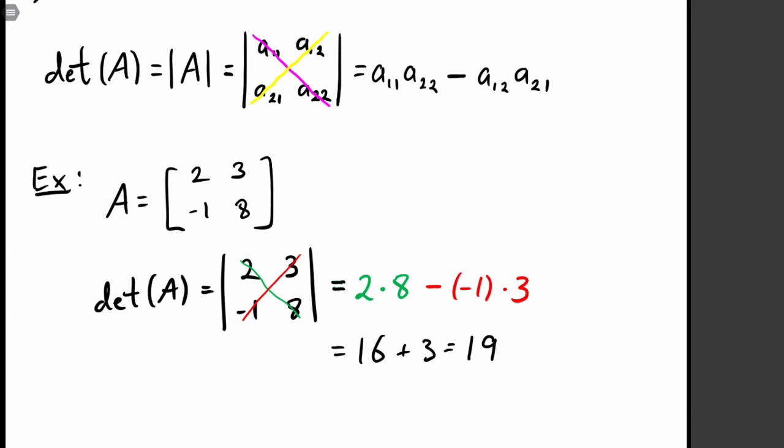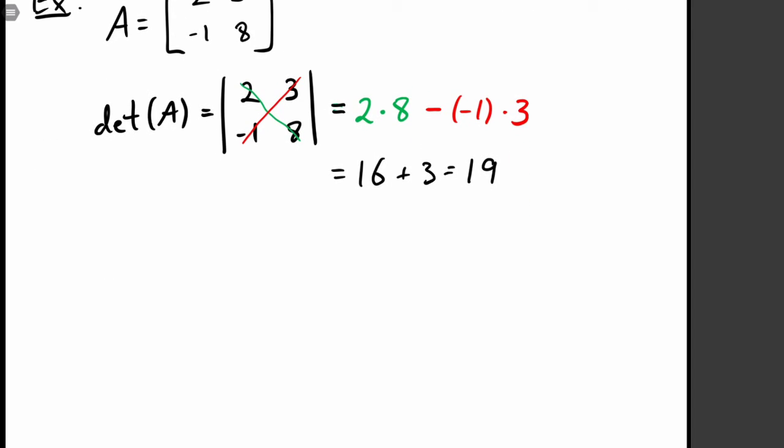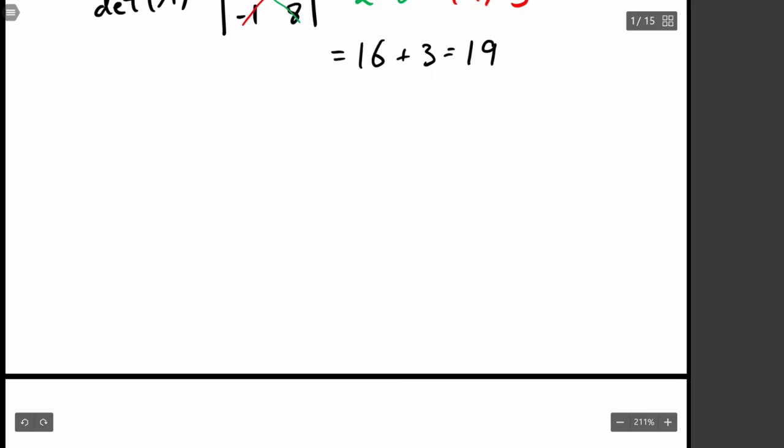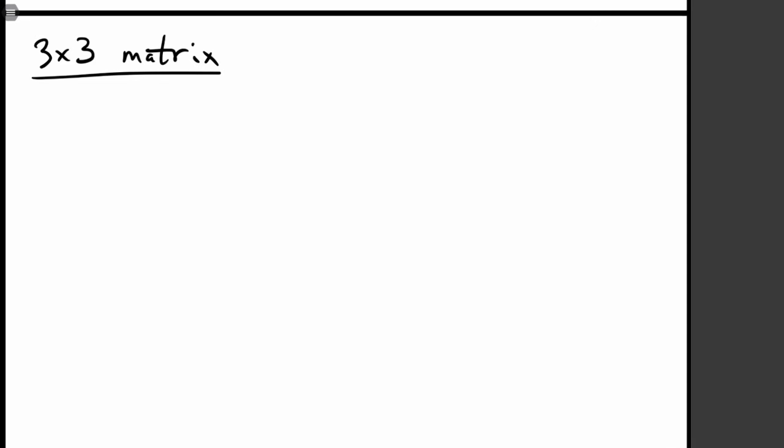So how do we do this for a 3 by 3 matrix? For a 3 by 3 matrix, we have a few different options for how exactly we want to compute this.